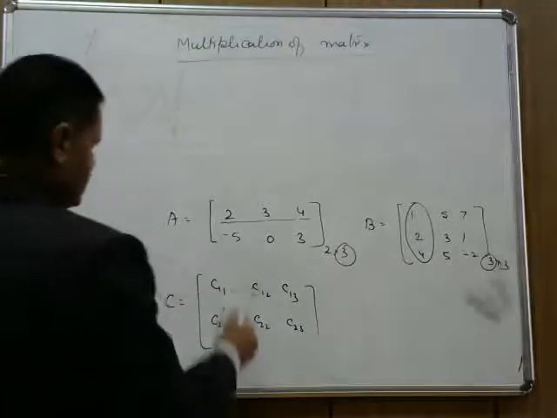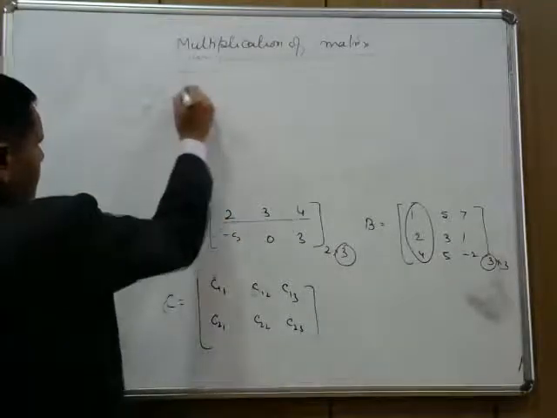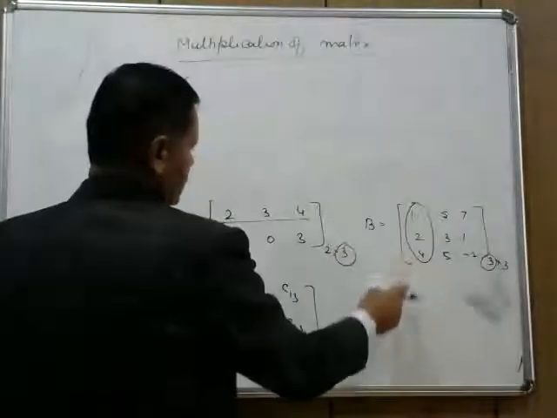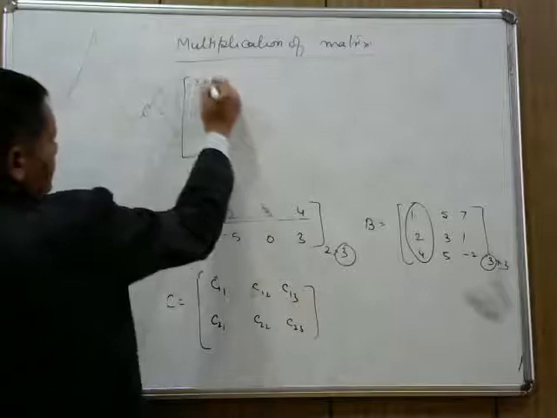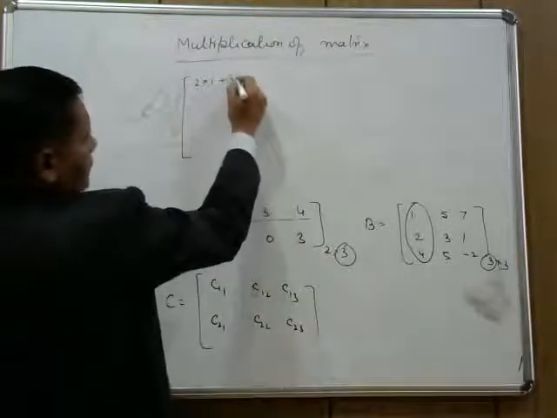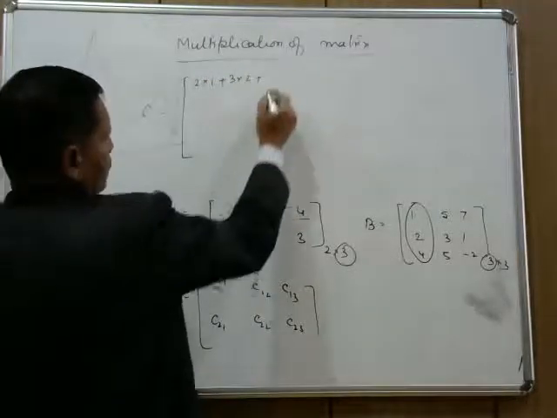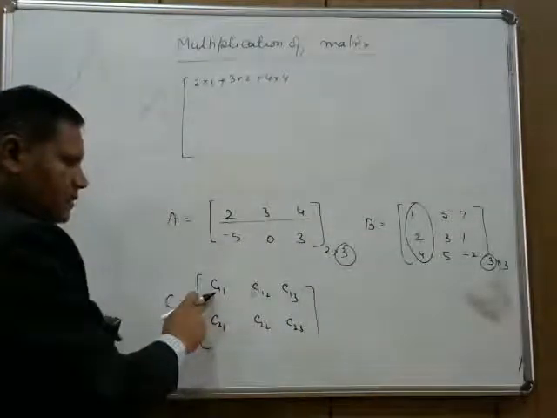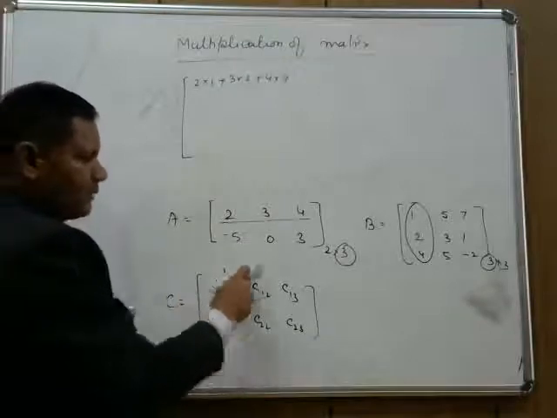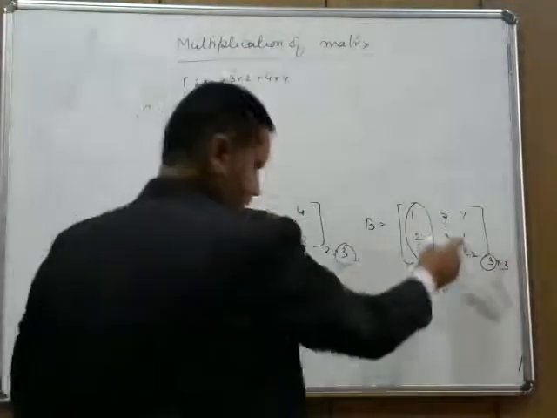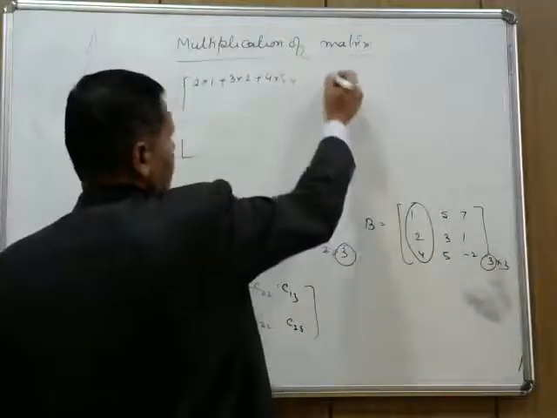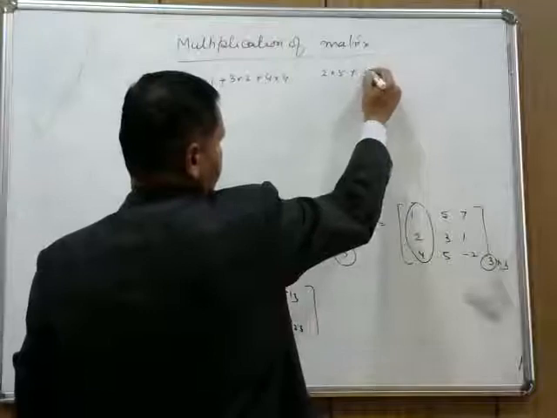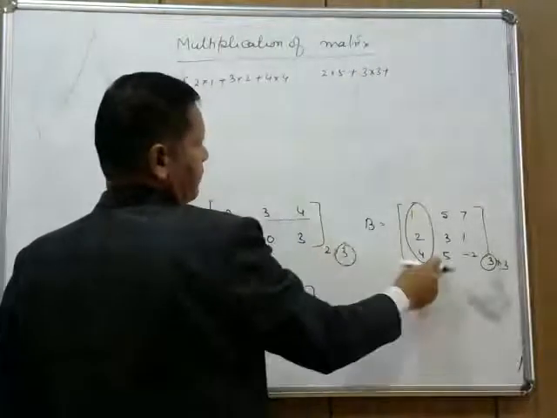C11, that means now I am multiplying the first row by the first column: 2 multiplied by 1 plus 3 multiplied by 2 plus 4 multiplied by 4. It will come in the place of C11. Now C12, that is the first row multiplied by the second column: 2 multiplied by 5 plus 3 multiplied by 3 plus 4 multiplied by 5.